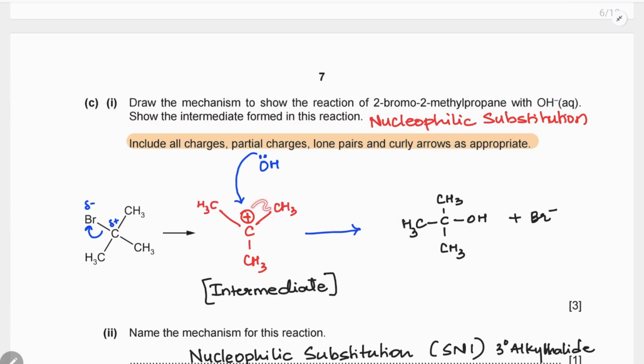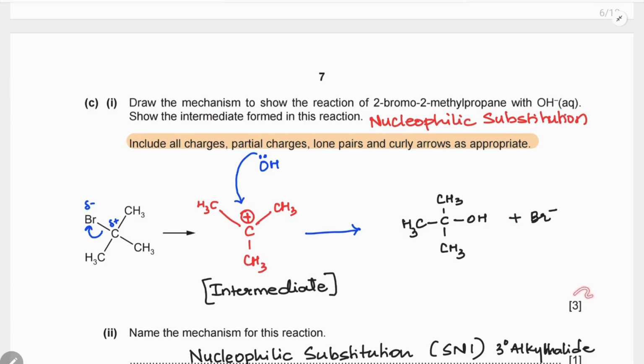Curly arrows you should not do from positive to negative, but rather from negative to positive. Okay, so then this OH, which is a nucleophile, will get attached to C plus, which is a carbocation, which is actually behaving like an intermediate. Now once it gets attached, you can see that we have a new product, which has an alcohol group, and Br is liberated.